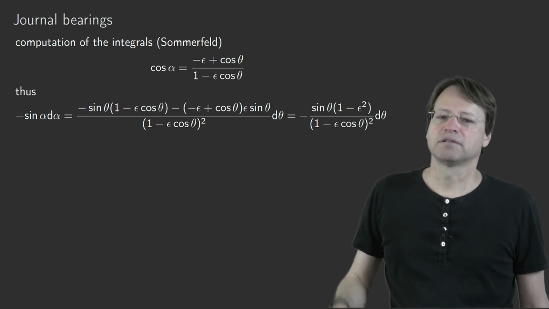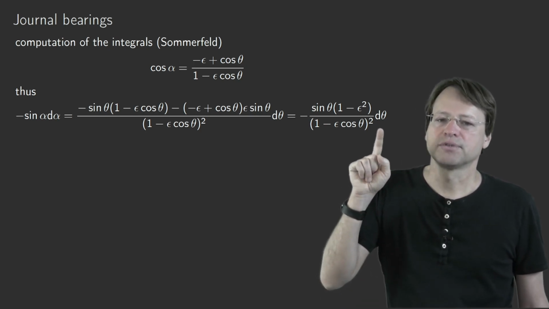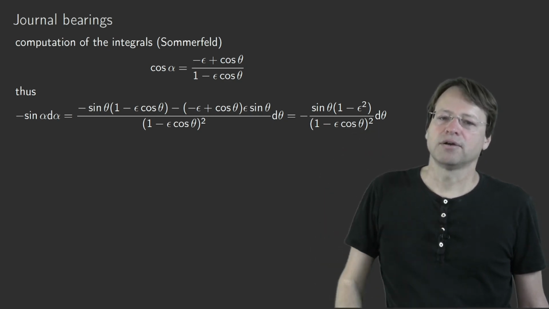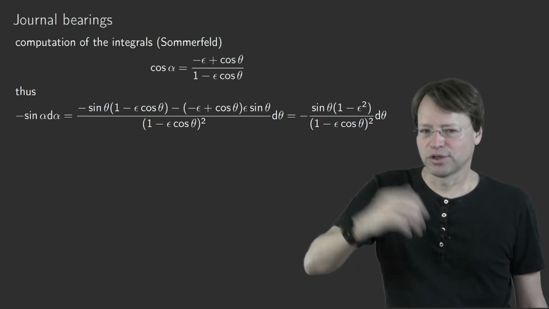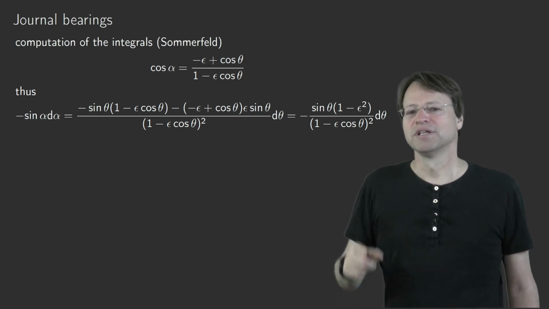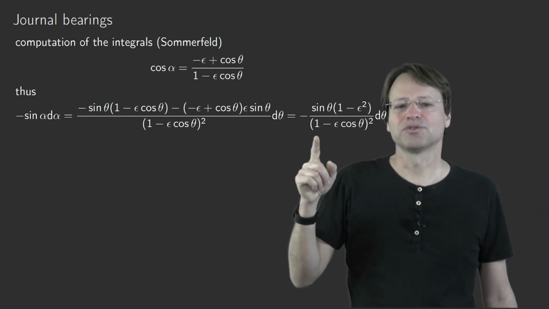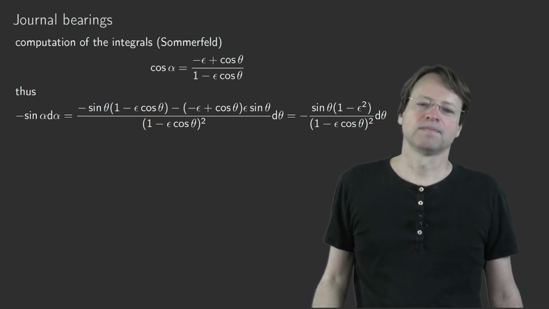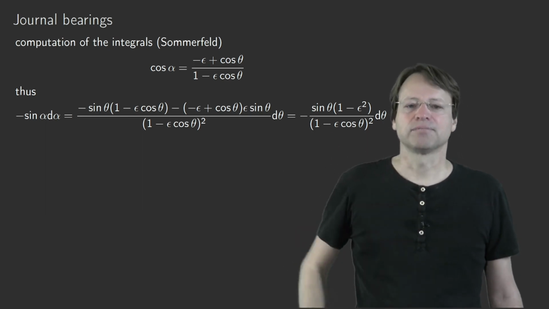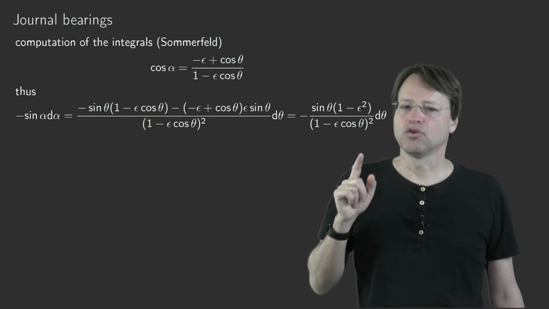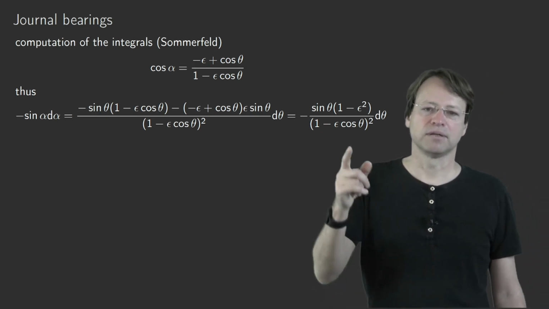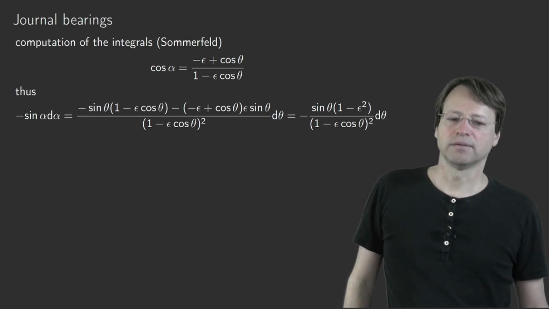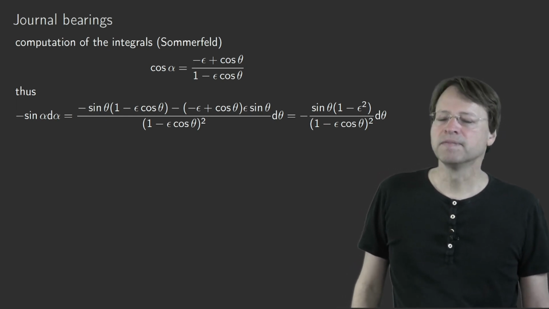You can see that for the substitution of the differential, it is required that you furnish also 1 minus epsilon cosine theta squared. And with this, already 1 minus epsilon cosine theta squared in the denominator goes away. We lose it in the replacement of the differential.